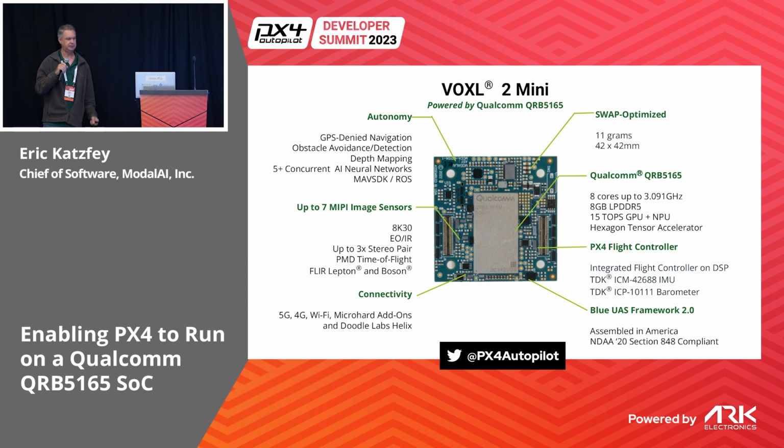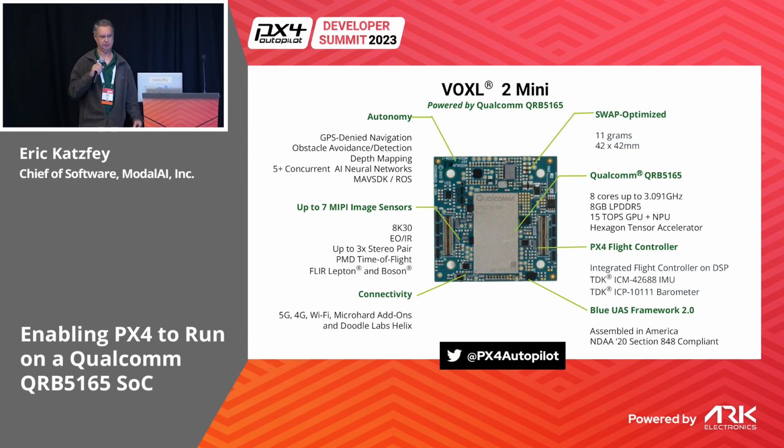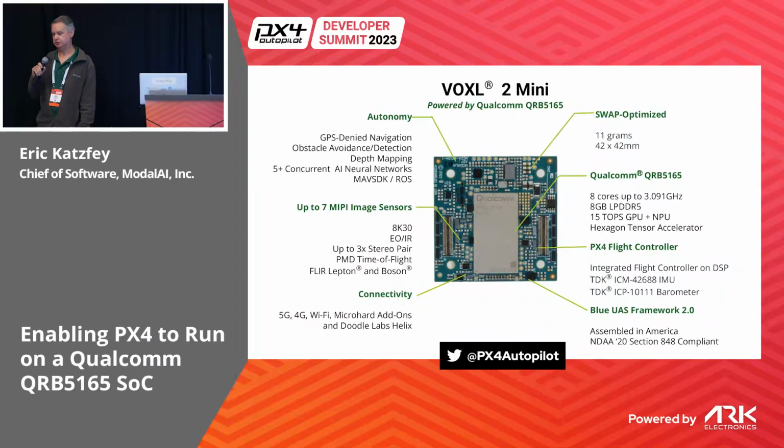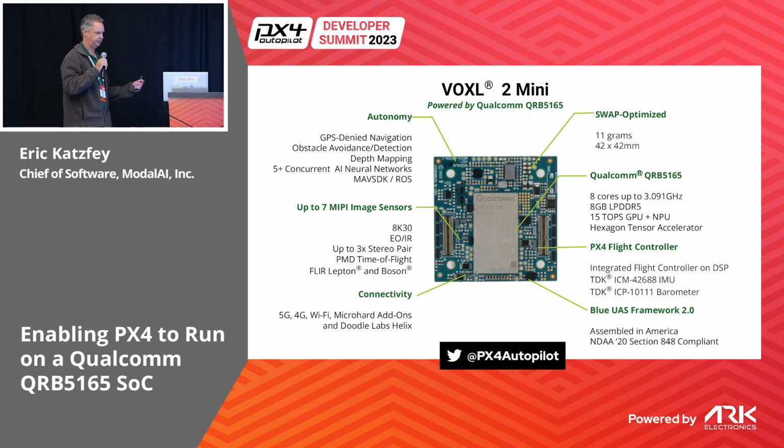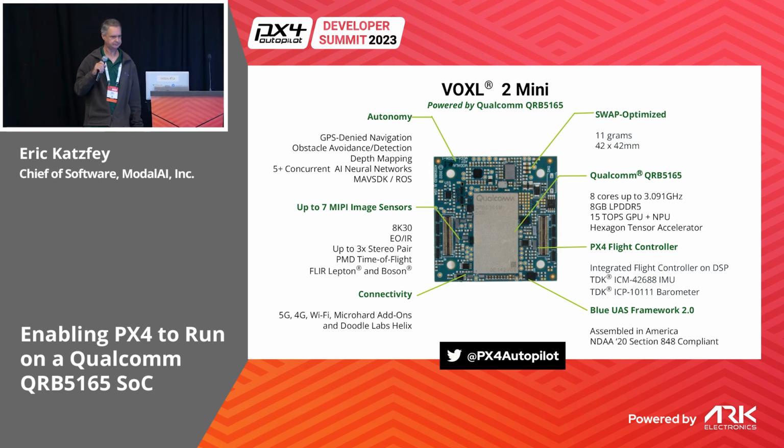Some connectors, but it's got an integrated IMU. It's got an integrated barometer, so some of the standard things you need to fly a drone. It's got all that integrated onto the board, in addition to a bunch of connectors so that you can connect all kinds of peripherals such as cameras and GPS and all the other kinds of things you need to connect to a flight controller.